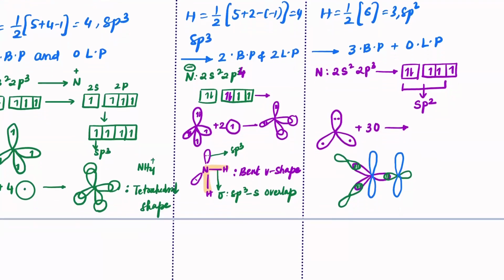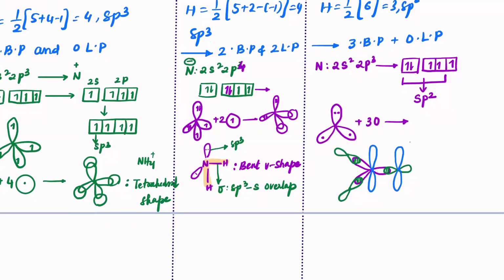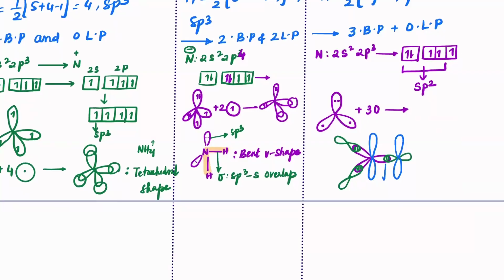So now notice this one. What is the type of bond which is forming at this center here? This is a sigma bond which is forming between sp2 hybridized nitrogen and p orbital of oxygen. And then there is a single electron here, and oxygen will also have a single electron.